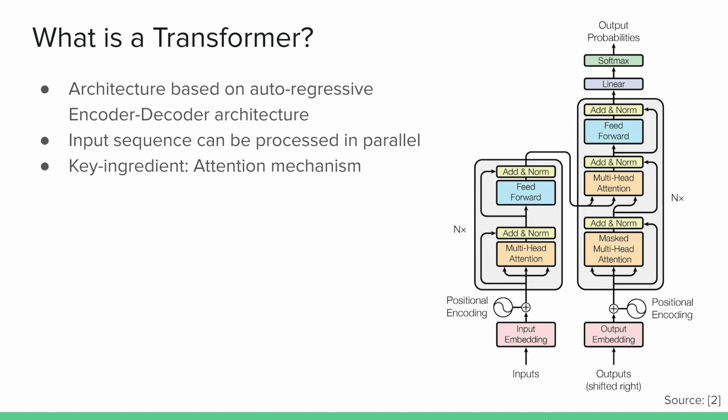And what's with this autoregressive? Autoregressive means that if we produce one word in our output, we feed that back into our model. The idea started with a paper called Attention Is All You Need by the Google Brain team.